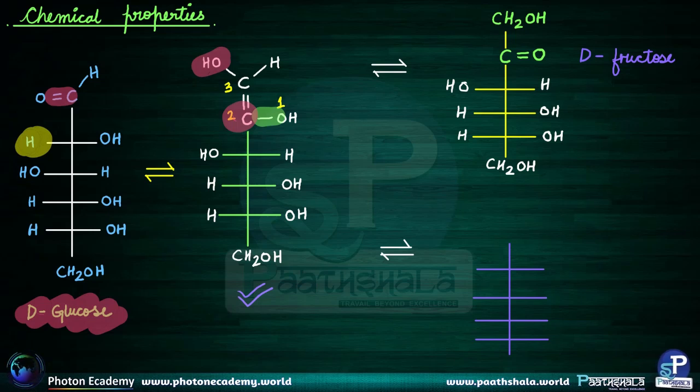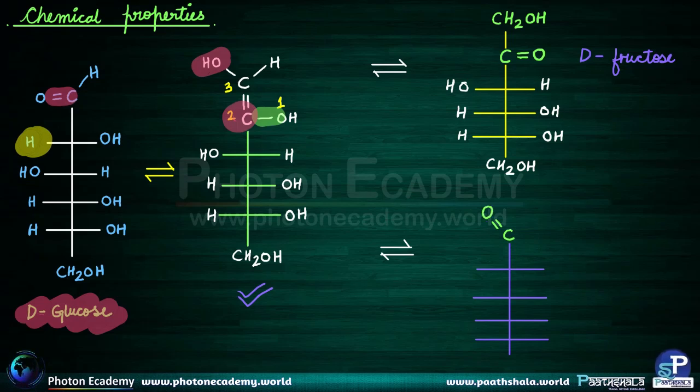So what are we talking about? Now the situation will look something like this. I will have a C here, and we're going to be placing a double bond here. This is very similar to the case which we had in D-glucose, but there is one little difference that we notice in this particular carbon over here.